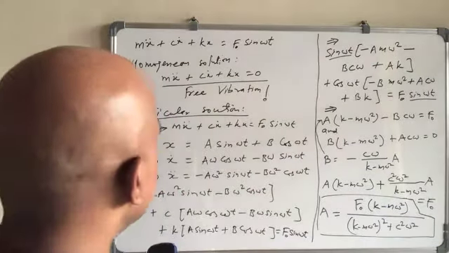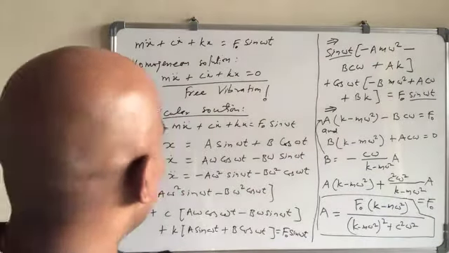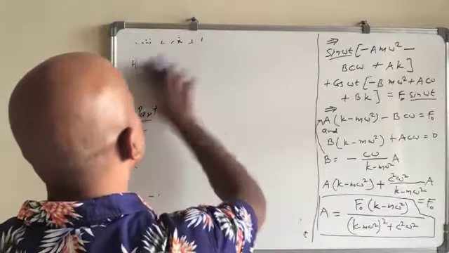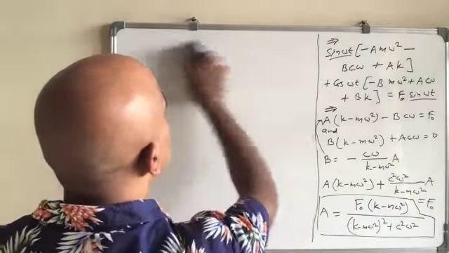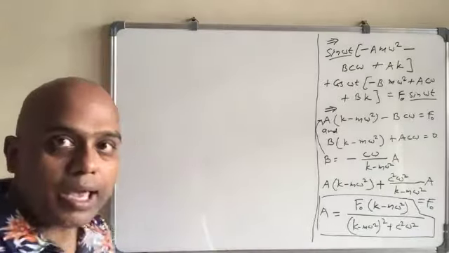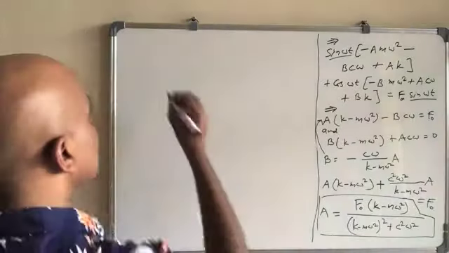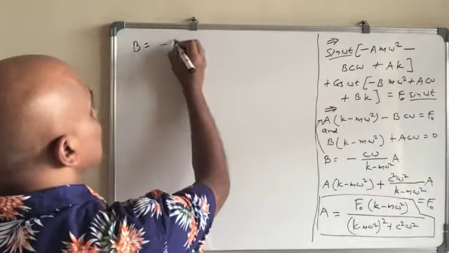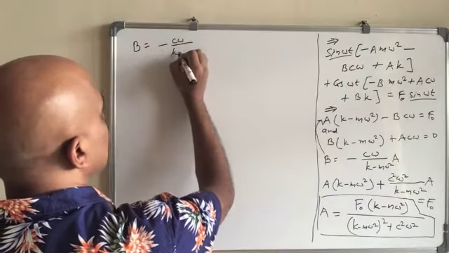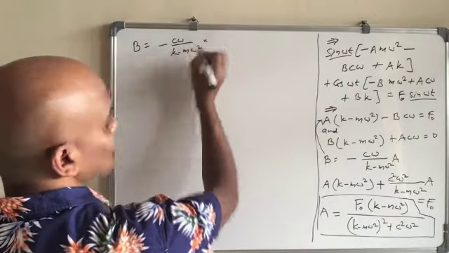Now the second part, we are going to get b. So b will be equal to minus c omega over k minus m omega square times this value, right?